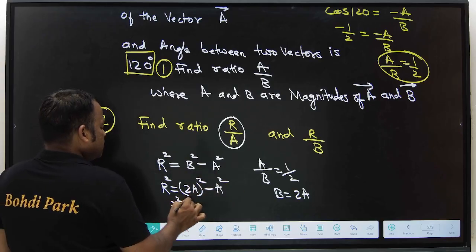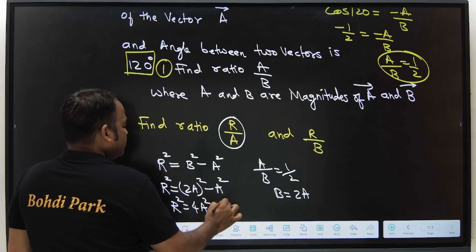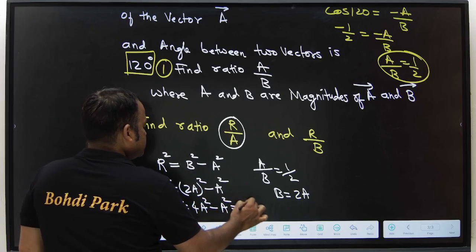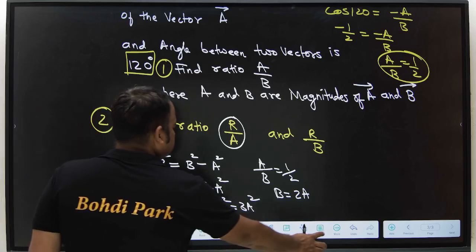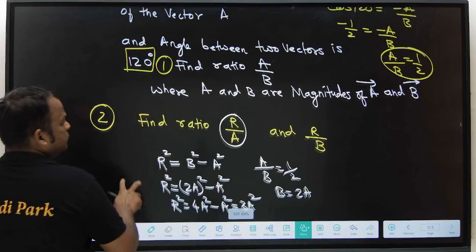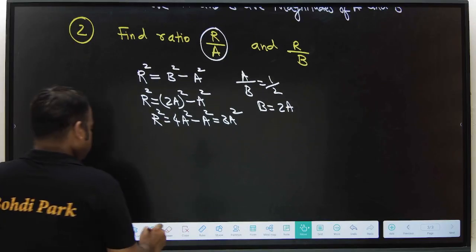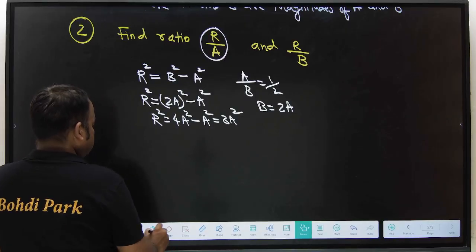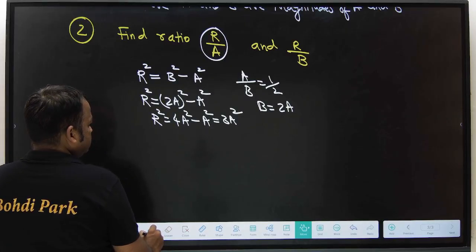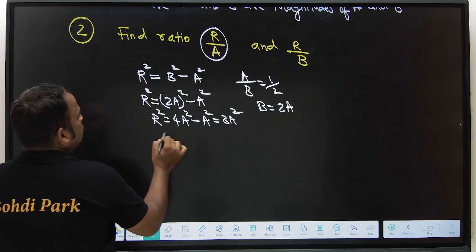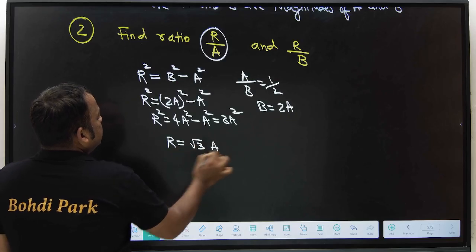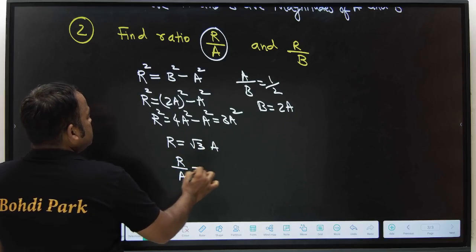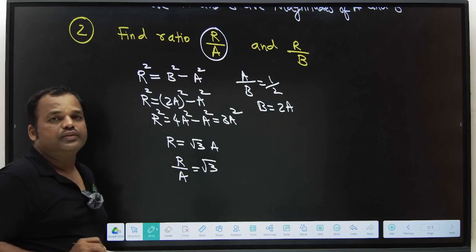So this will be r square is equal to 4a square minus a square. So this is equal to 3a square. So r is equal to root 3 times a, so r by a is equal to root 3.